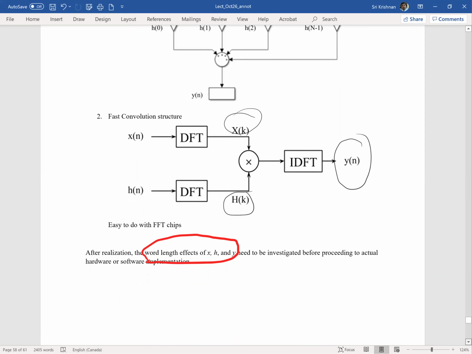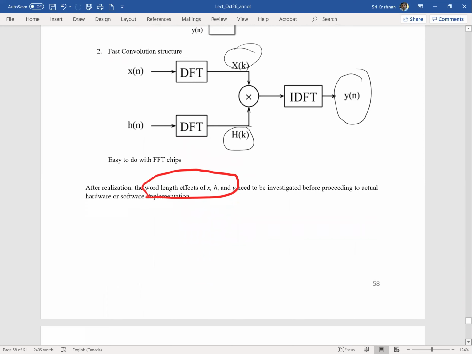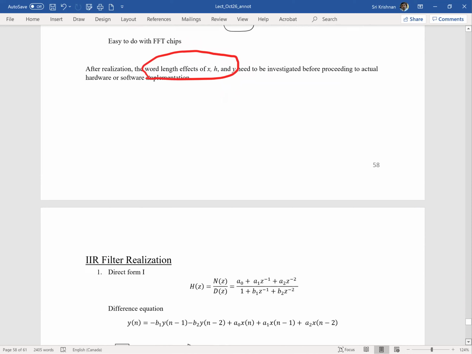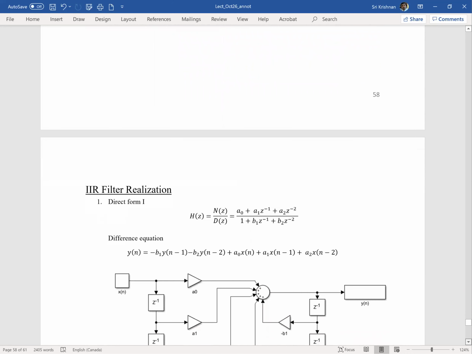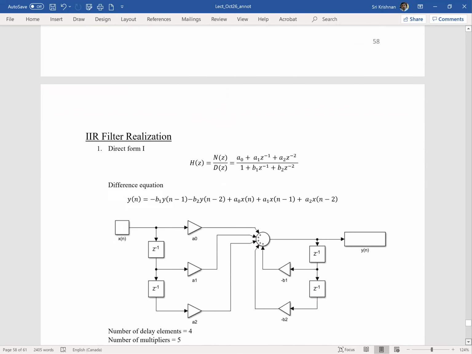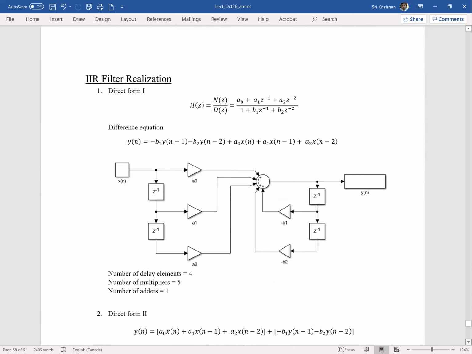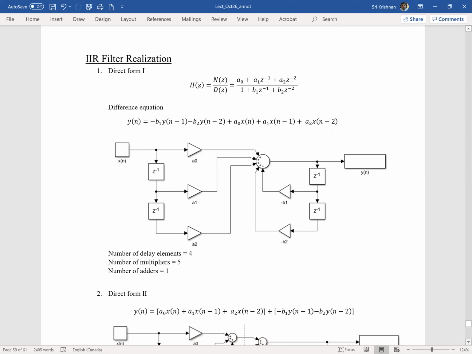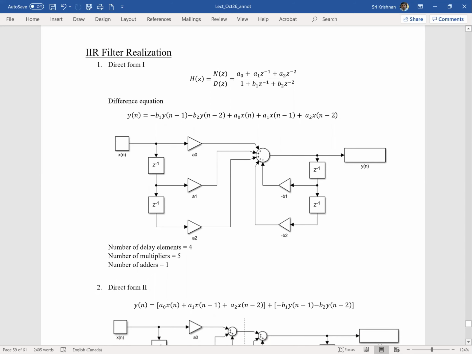So following up with the FIR filter implementation, the obvious next step is to look into IIR filter realization. IIR filter realization, as we have come across, does have the feedback loop, and so we have to see how we are going to represent that feedback. There are three structures that are possible, and what has been shown is direct form 1.